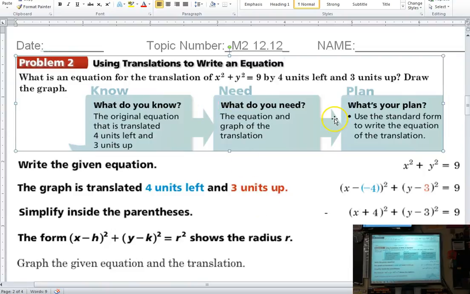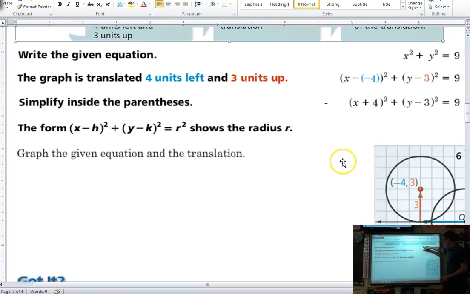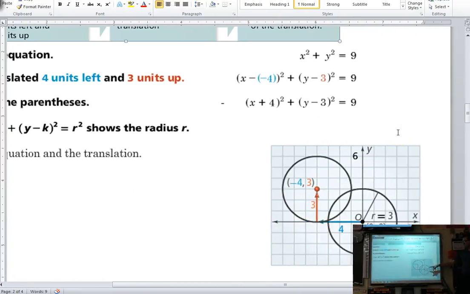Alright, so using translations. We know the standard form of our equation, and we know that there's a center and a radius. The reason that this works, by the way, to go back to what's actually happening: when you look at a shift from the origin and at the equation we're dealing with, all we're doing is making right triangles.